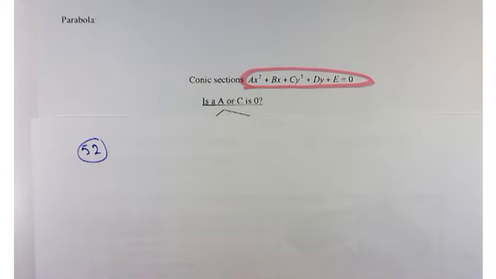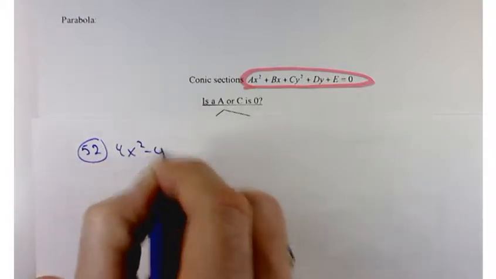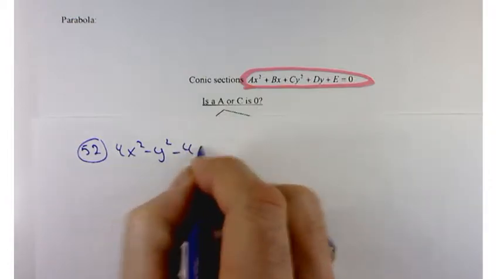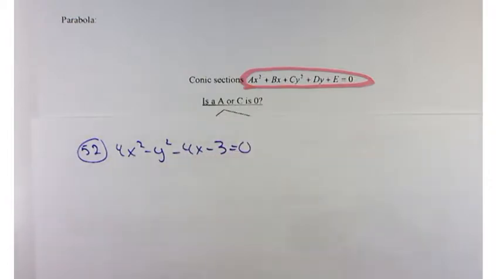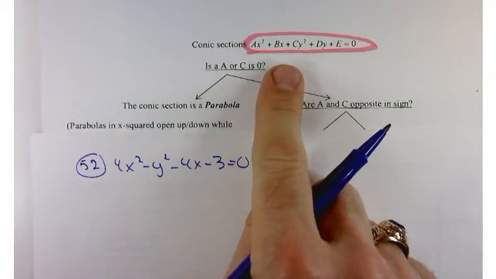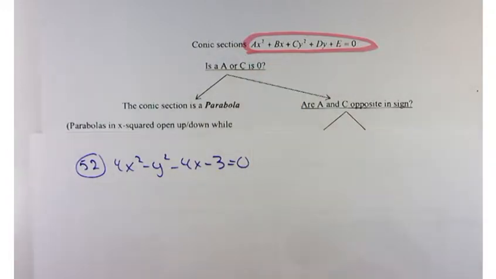Okay, so we've got 4x squared minus y squared minus 4x minus 3 equals 0. Okay, so let's look at the first branch here.